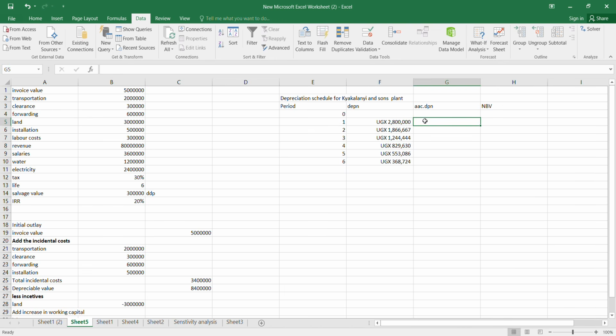Then we shall have the accumulated depreciation, which will equal the sum of this. You put a semicolon and you fix one of the two. We shall fix this.